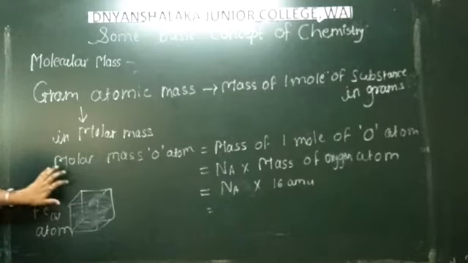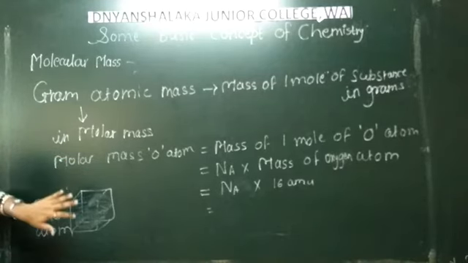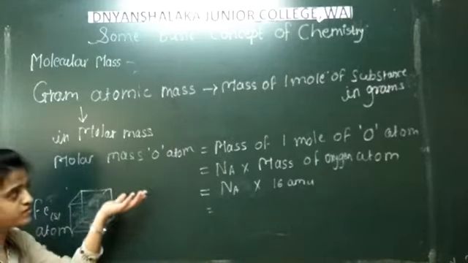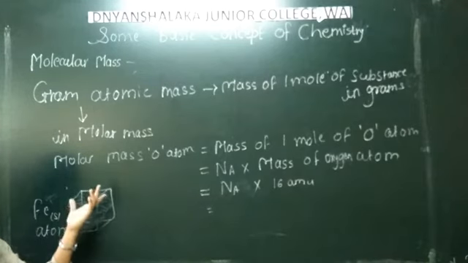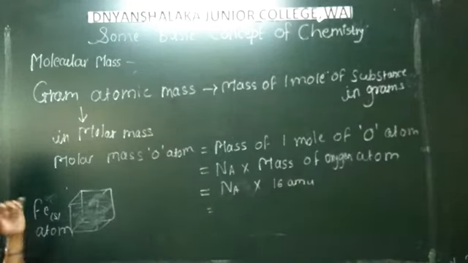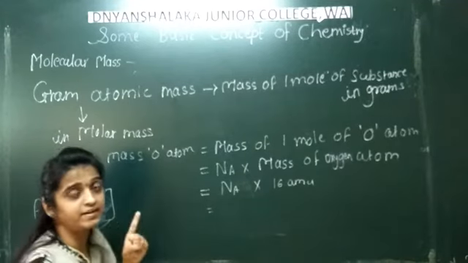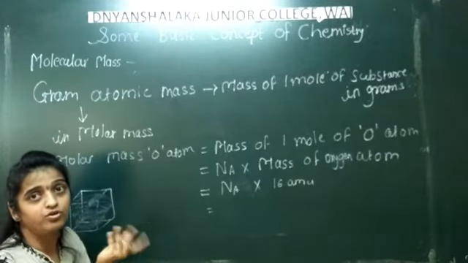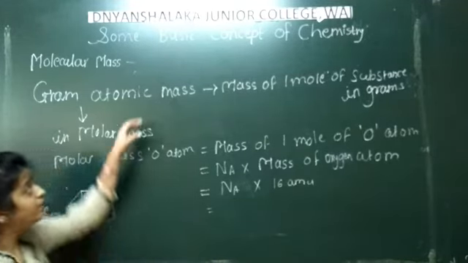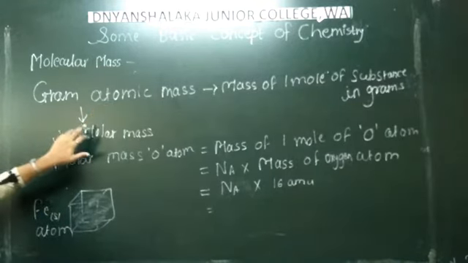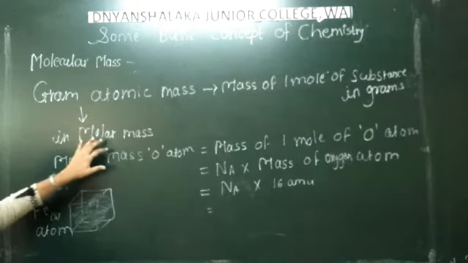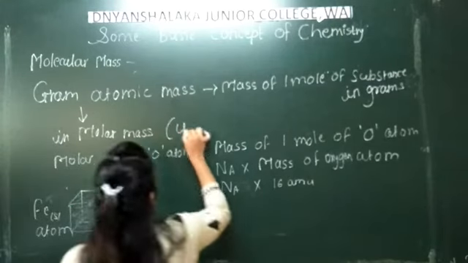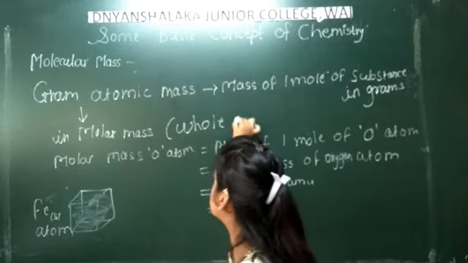So we calculate the total molar mass. In the last point, for atomic mass, we had to calculate the mass of only one single atom, such as hydrogen, oxygen and nitrogen. But in this concept, gram atomic mass is molar mass. Molar mass means the mass of the whole element or whole substance.